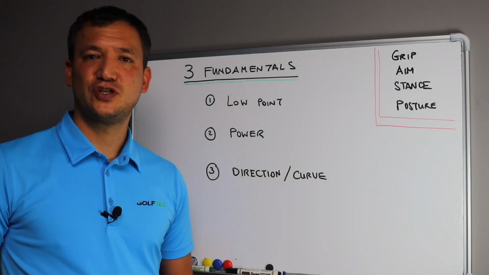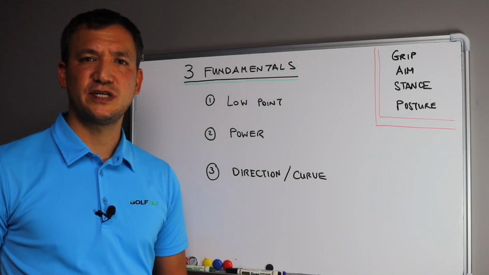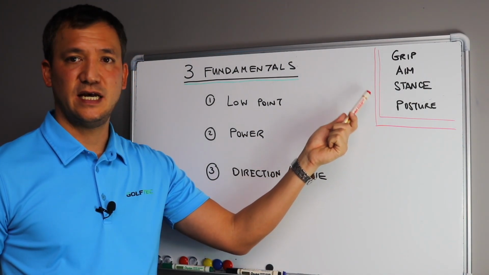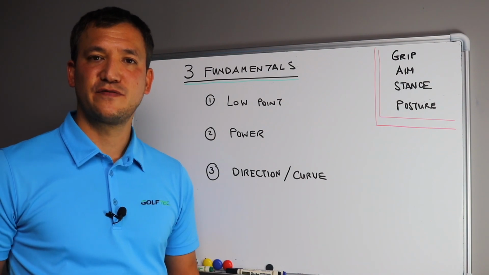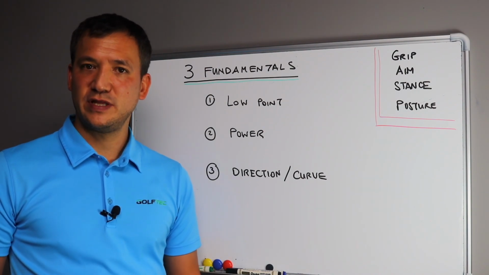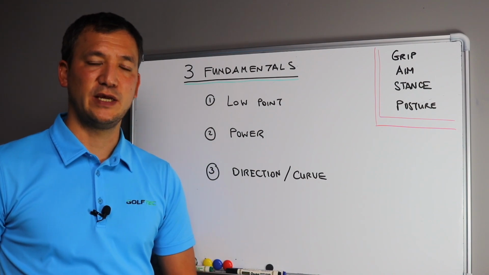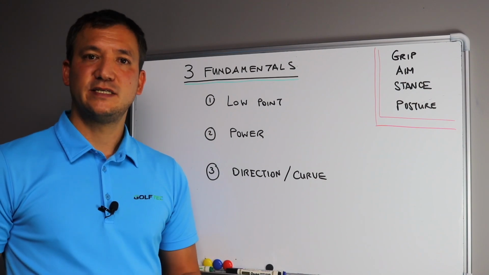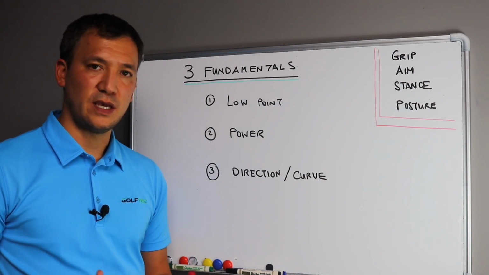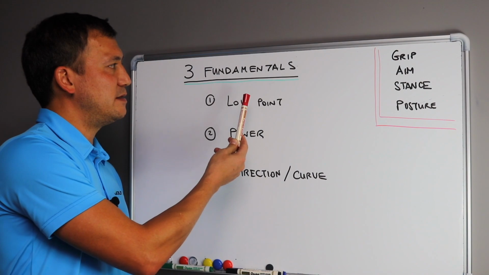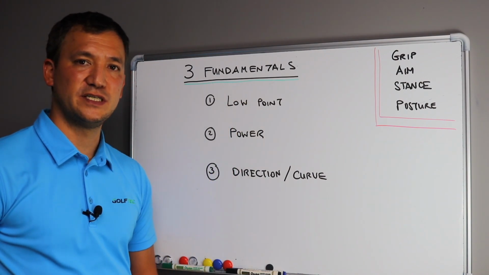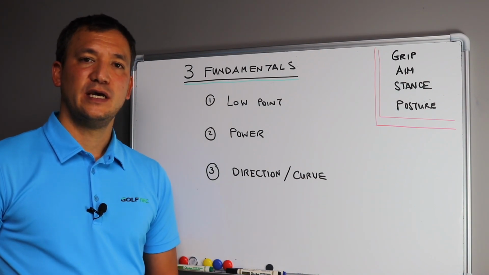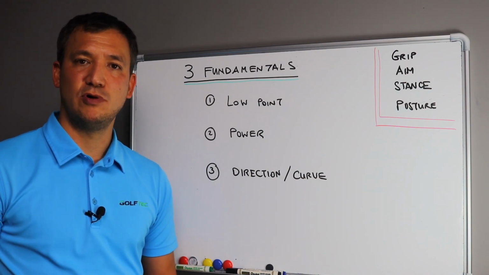In the past, golf instruction has very much considered static considerations such as grip, aim, stance, and posture to be fundamentals of golf. Now, whilst we don't disagree that these are very important, and certainly a lot of attention has to be paid to getting these right or functional, it is our contention that the true fundamentals of golf consist of dynamic considerations, so things that happen during the swing, when a player carries out the swing in motion.